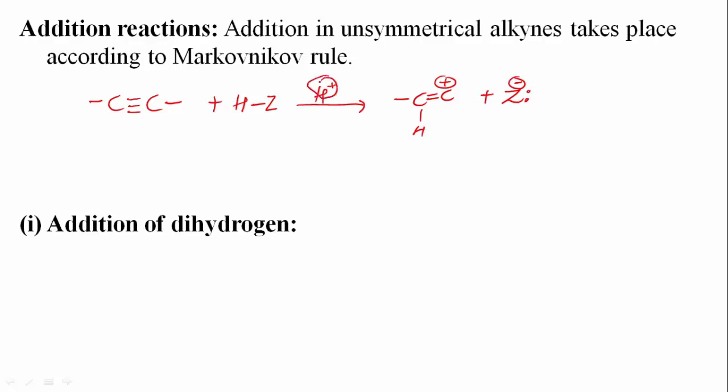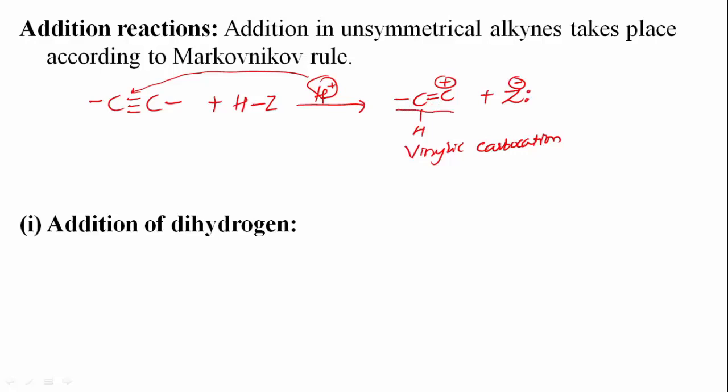Because H plus attacks this carbon and forms the bond, since it is an electrophile, it will now form a carbocation known as a vinylic carbocation, because after the double bond a single bond is there.